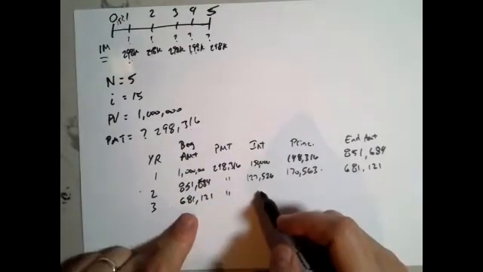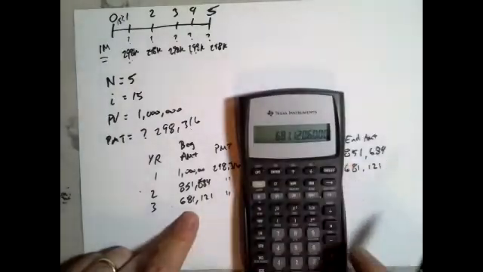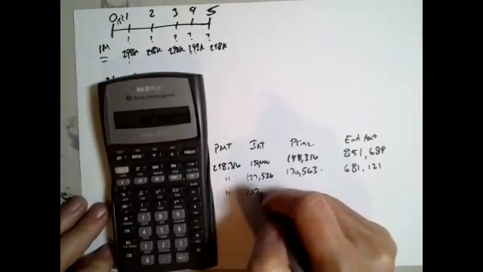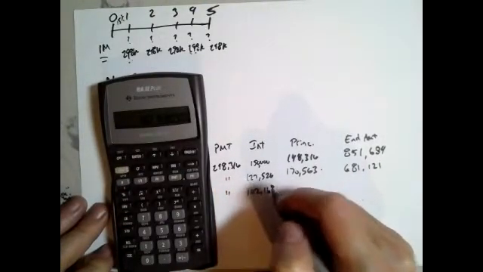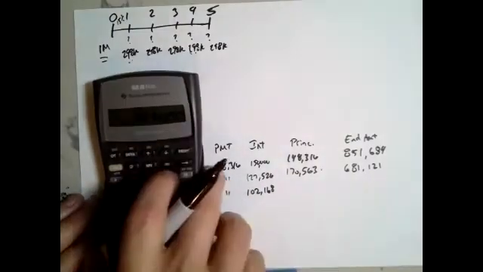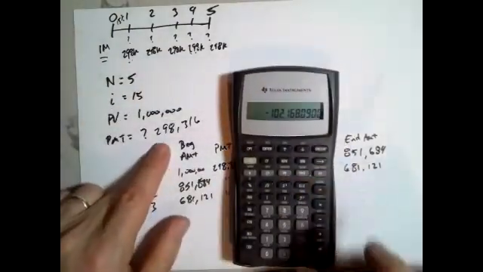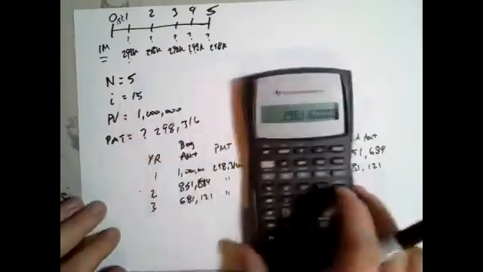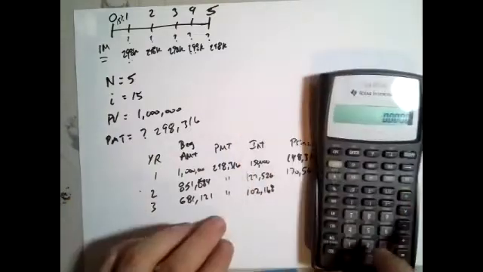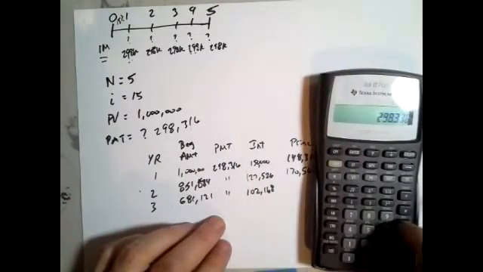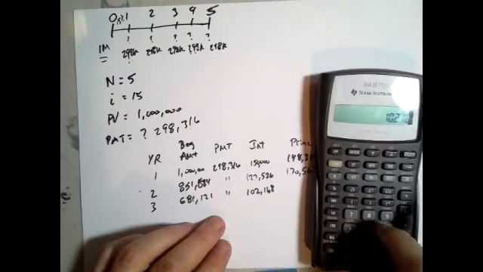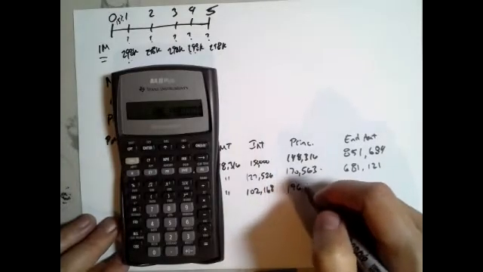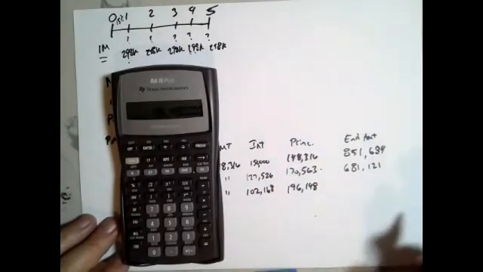Now the interest portion of our payment is based on the 681, so times 0.15 gives us our interest of 102,168, which means that if we subtract that from our $298,000 payment, 298,316 minus 102,168, then our principal payment this time is 196,148, right?